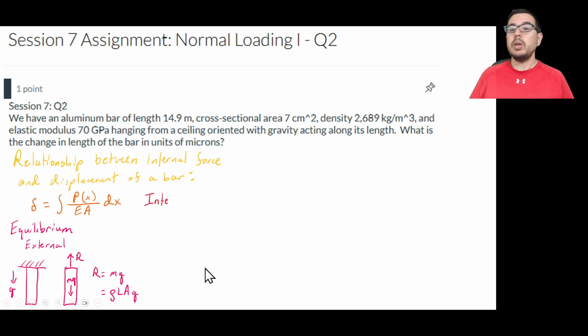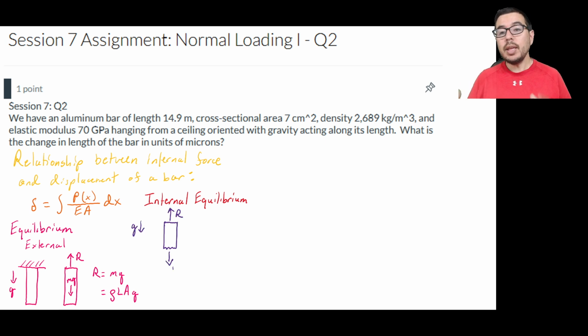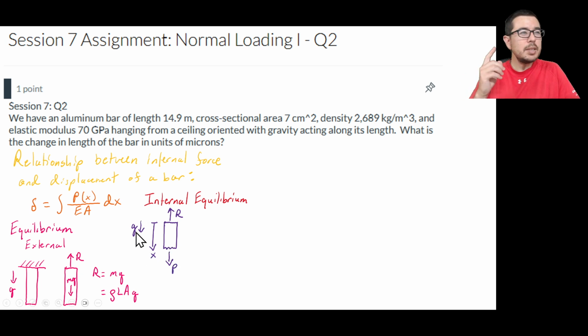For internal equilibrium, we can draw another diagram which has a slice. And for this, we have a reaction force that we had here, and we also have an internal force P, where the slice is. And we'll define an x and we'll define a g. But something is missing here.